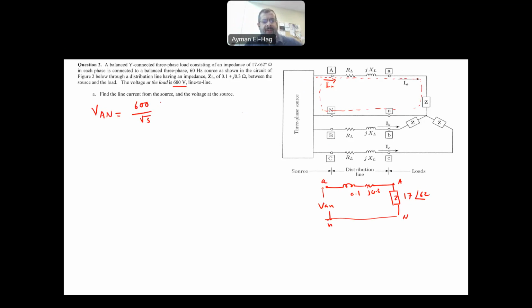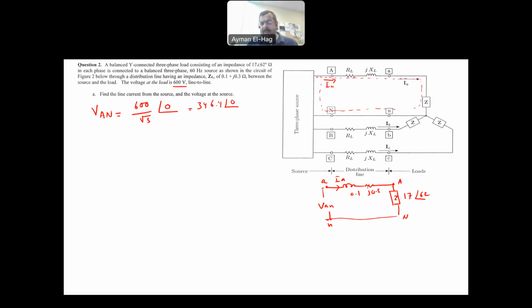We want to find the phase voltage, and I will use this as my reference. I have the right to choose any reference. If I'm not given any specific angle of the voltages, then we can use the phase voltage as our reference, because this will make things much easier for us. And this will give me 346.4 angle of 0.